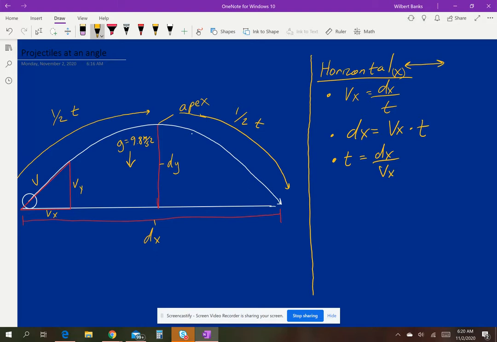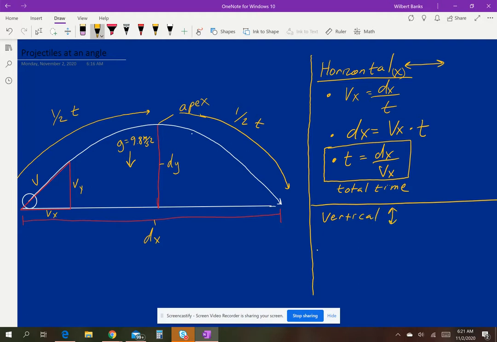And that's our horizontal. The link between the horizontal and vertical is this right here. And I want you to understand that this right here, when we're talking about a projectile at an angle, is the total time. And then we have our vertical. Our vertical goes up and down, and this is our y.